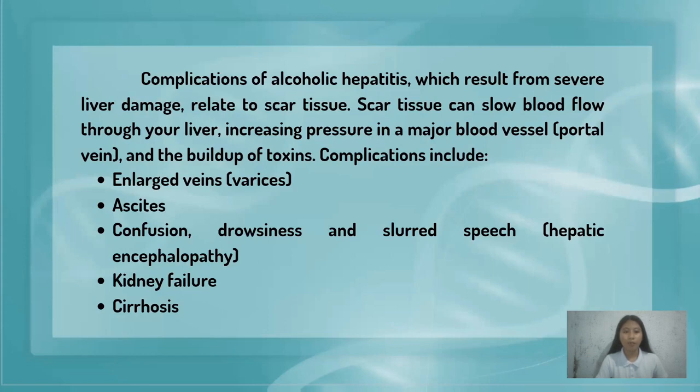Blood that cannot flow freely through the portal vein can back up into other blood vessels in the stomach and esophagus. These blood vessels have thin walls and are likely to bleed if filled with too much blood. Heavy bleeding in the upper stomach or esophagus is life-threatening and requires immediate medical care.